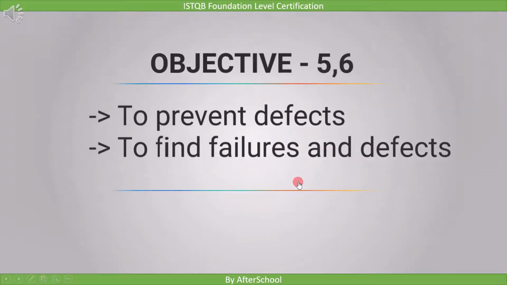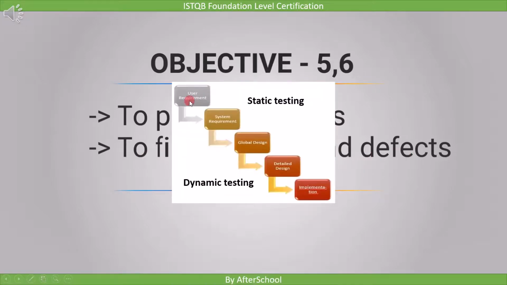Now let's discuss objectives 5 and 6 together. Objective 5 is to prevent defects, and objective 6 is to find failure and defects. Let's understand these two objectives. If you find defects in the requirement stage, you prevent these defects to go to the next stage.